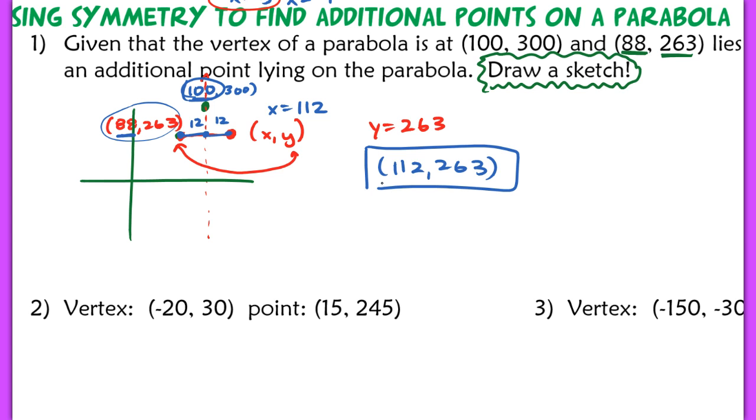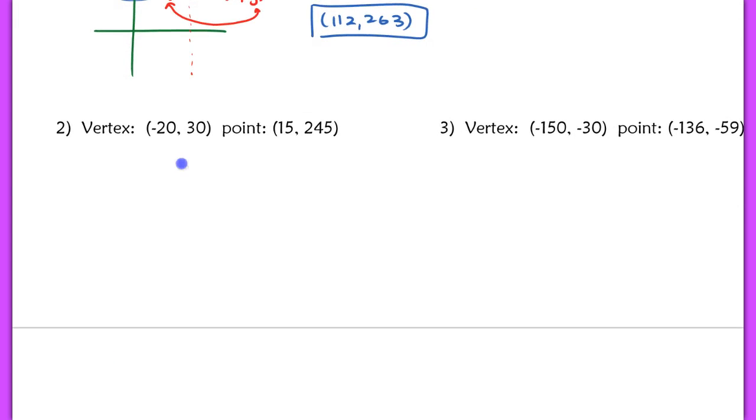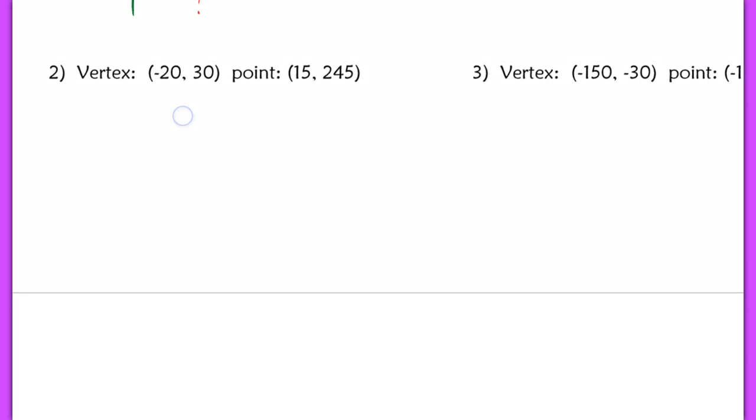Okay. I'm going to do problem 2 with you, and I'm going to ask that you try problem 3 for yourself. So problem 2 gives me a vertex at (-20, 30). So (-20, 30) is somewhere in this second quadrant over here, and this is the vertex. The point (15, 245) is in the first quadrant, all the way up there somewhere.